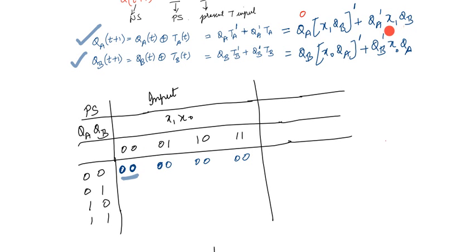X1 is 0, so this term is also 0. So 0 plus 0 is 0. So this is 0. Now we will fill for QB(t+1), that is the next state. What is QA? QA is 0, so 0 into anything is 0.